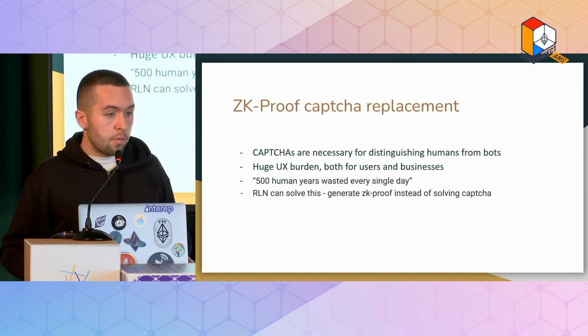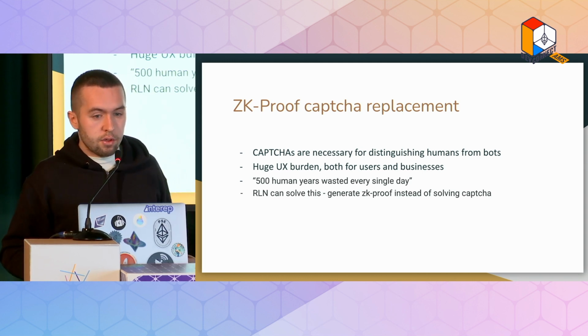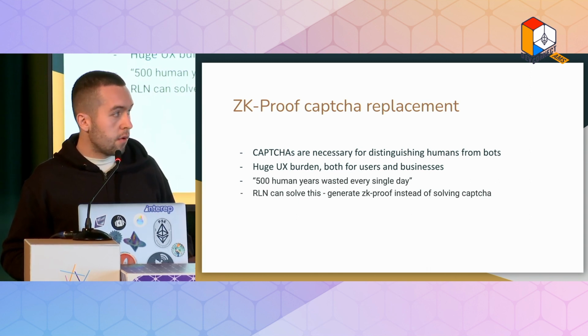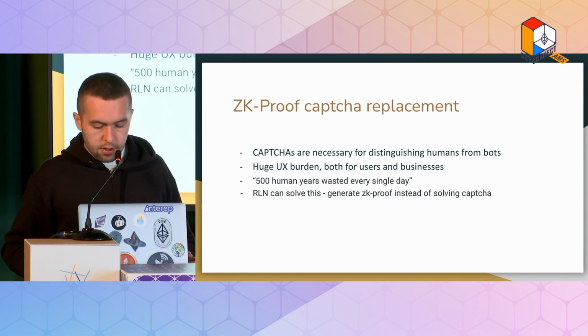We can solve this by using a ZK proof instead of a CAPTCHA, which can have better UX because the users themselves do not need to do anything. A ZK proof can just be generated by their browser, and this can be achieved with RLN because the latencies are not so big for this use case.